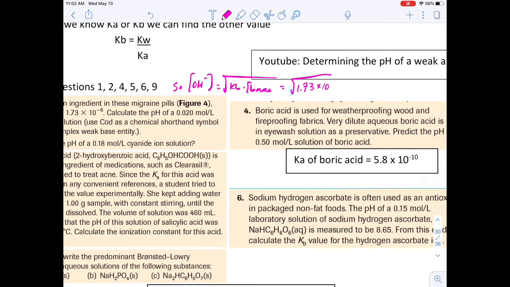So here I've got the Kb, and I'm going to multiply it by 0.020 mole per liter. And I'm going to take that square root to give me the hydroxide ion concentration.